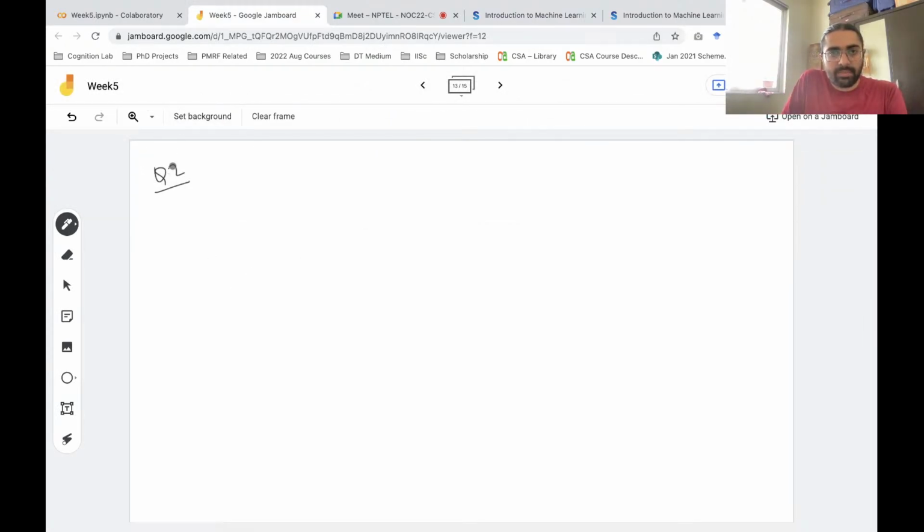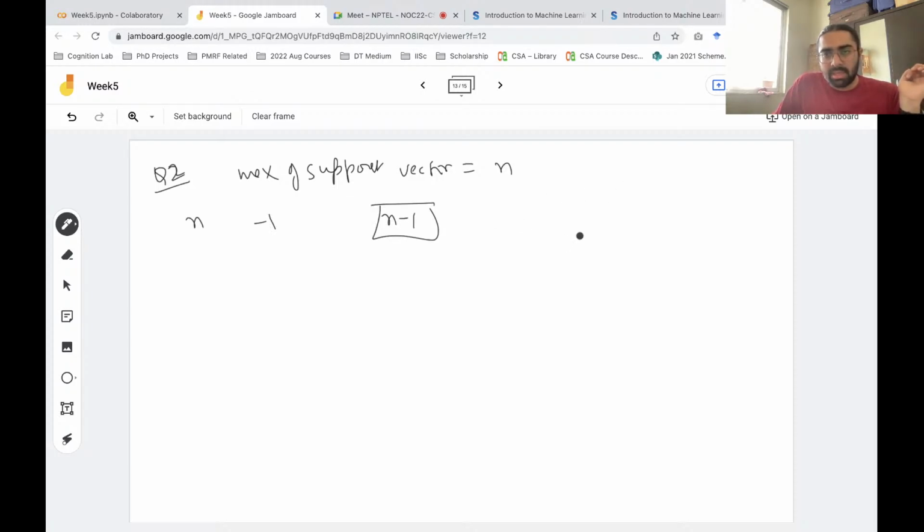In any SVM, the max number of support vectors will always be the whole data set. So if you have n, then it's n. Now you had n, you removed 1, and therefore the maximum possible is n minus 1.